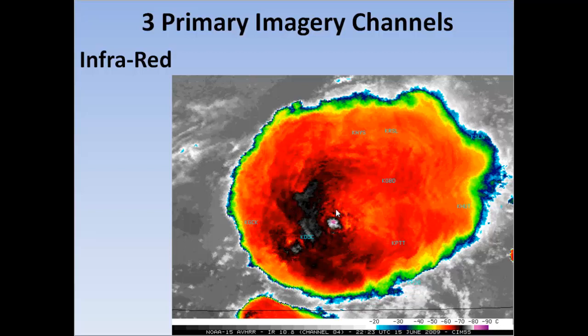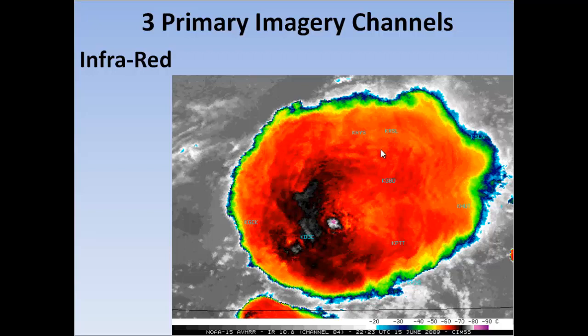You can see again the overshooting top, where all of this surrounding cirrus blow off from the thunderstorm is actually a little bit warmer than where the top is. This is an indication of a very, very strong updraft right there in the center of that overshooting top. It's actually rising much higher than the rest of the surrounding cirrus.